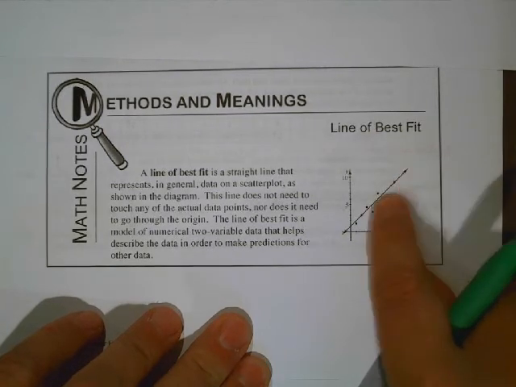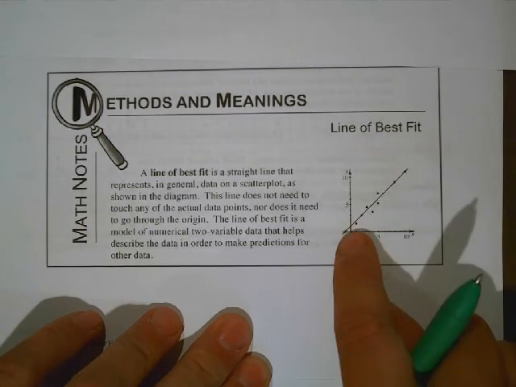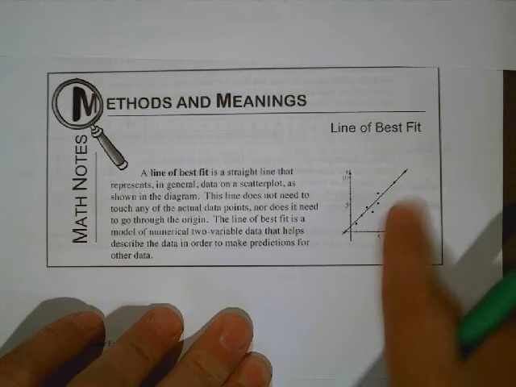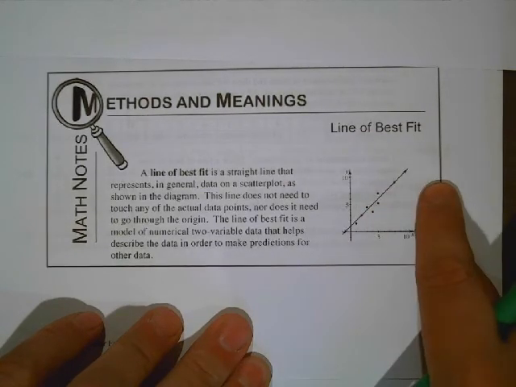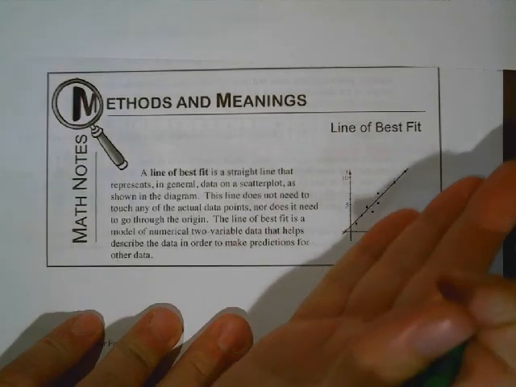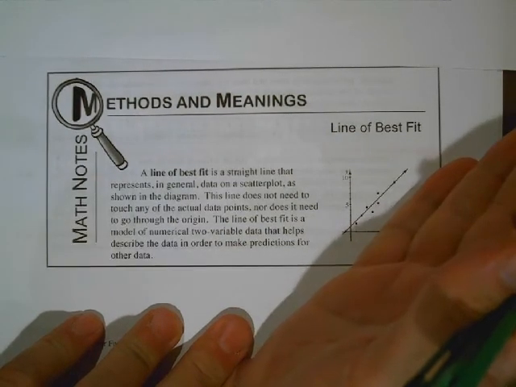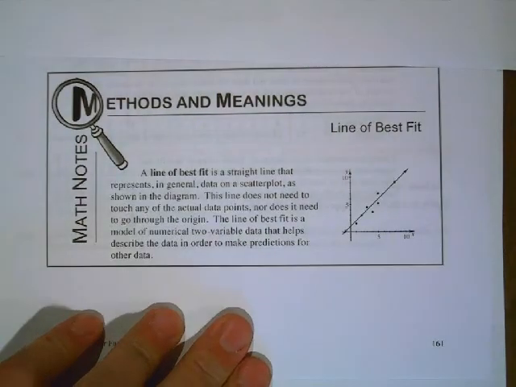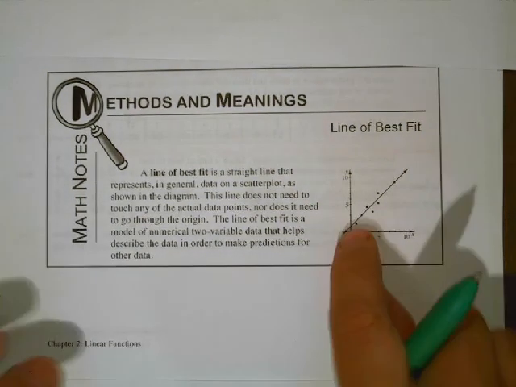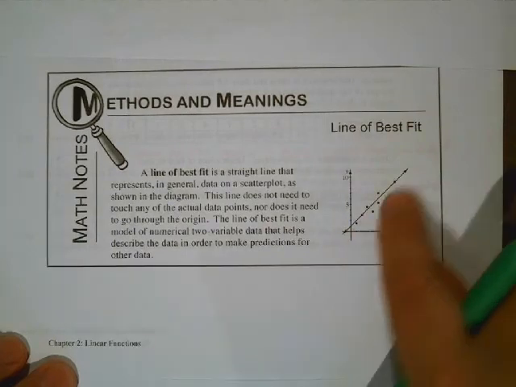So a best line of fit is like a straight line that we can draw right through the middle of the data. So this is like a scatter plot where all the points are all scattered around. And sometimes what we can do is we can draw a line through those points to kind of represent about where the points are going. It's not going to be perfect, but it is a generalization of where those points are going.